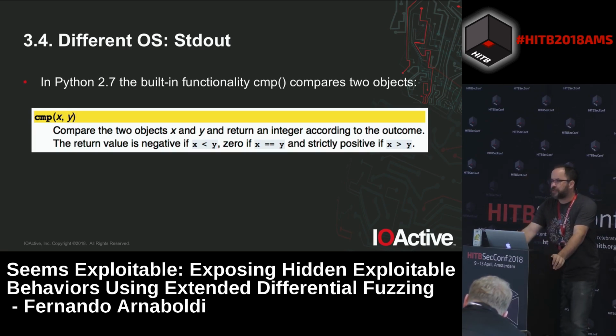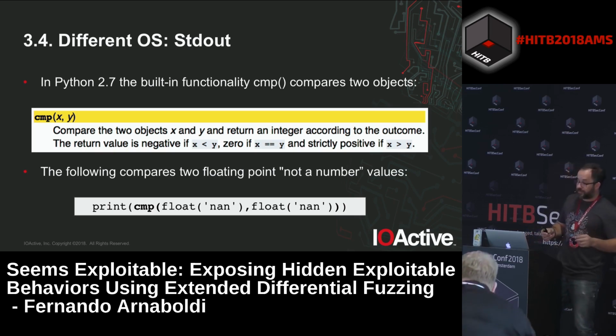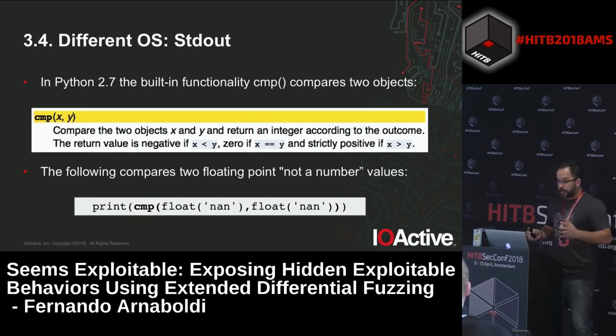Oh, by the way, all the things that you're seeing in here are default functionalities from the programming languages or software. CMP compares two objects. The thing about this is that when you're trying to compare two floating point not-a-number values, the result is going to differ depending on the operating system.